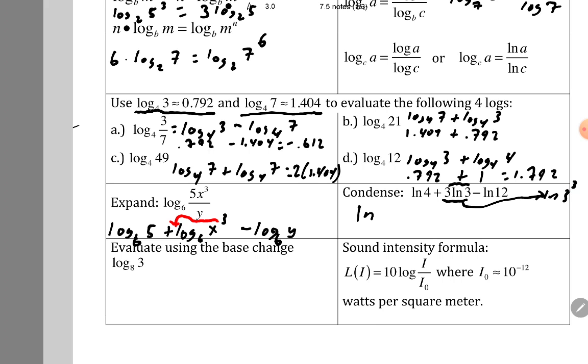So this will be ln of 27. Okay. Now when we have ln of 4 plus ln of 27, we multiply them together. 4 times 27 is 108. And then we have subtraction, so we put a division sign of 12. And then we can reduce this to ln of 9. 108 divided by 12 is 9.